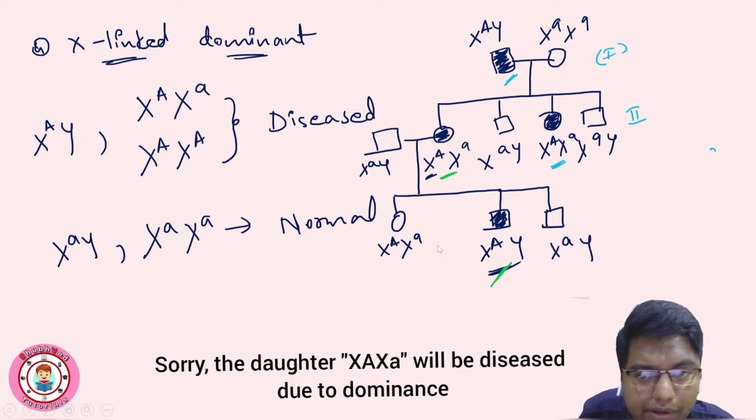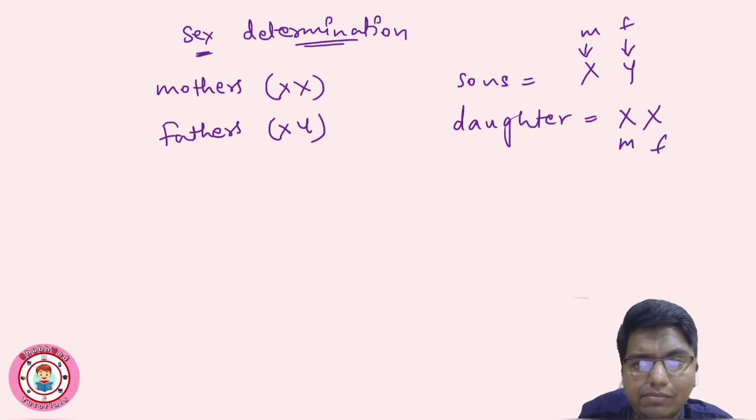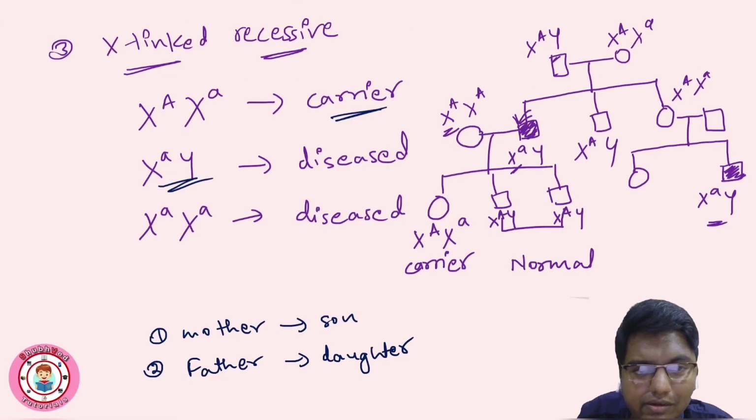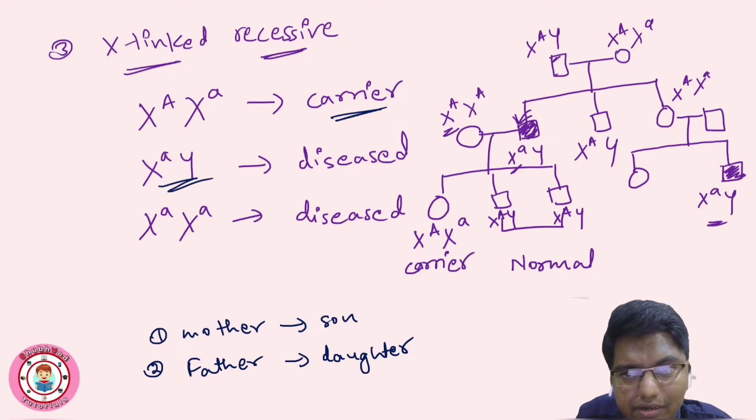So in this dominant pattern we can see it clearly. In the recessive pattern a carrier comes, a term known as carrier. Thus it becomes a little complicated, but not much. In recessive, parents will not be affected. We can see from the diagram, parents are not affected.